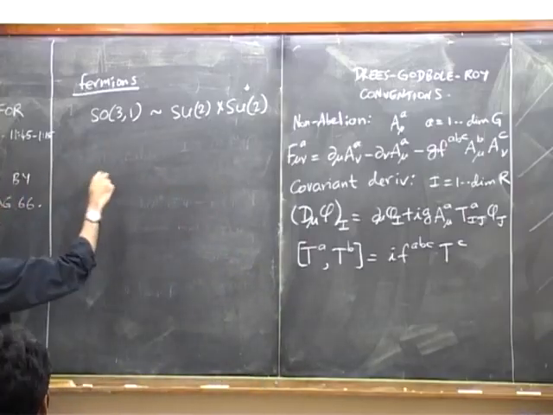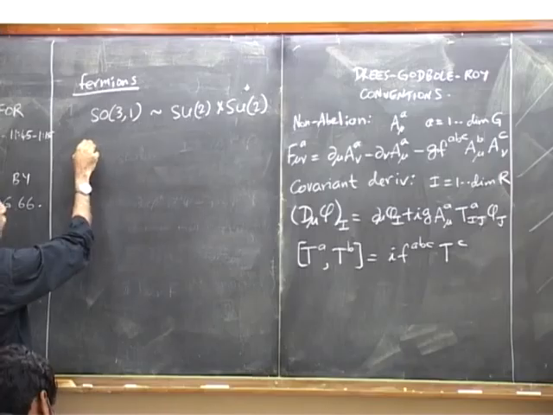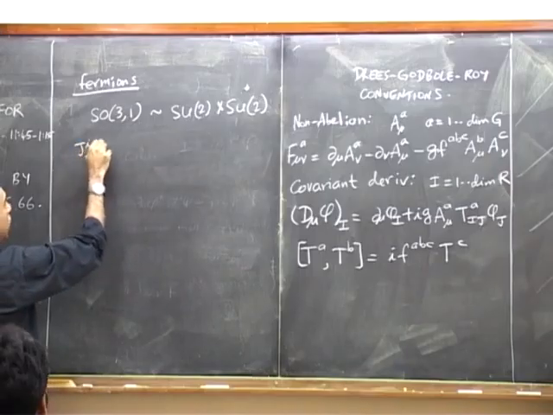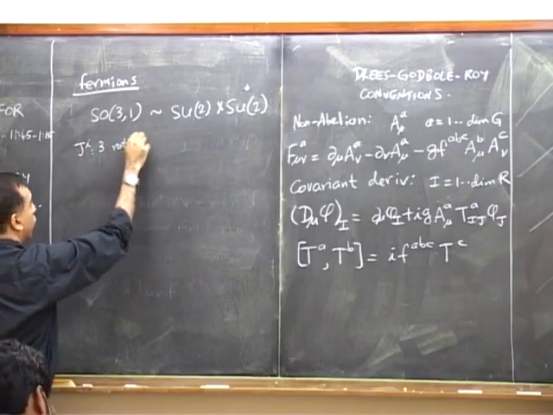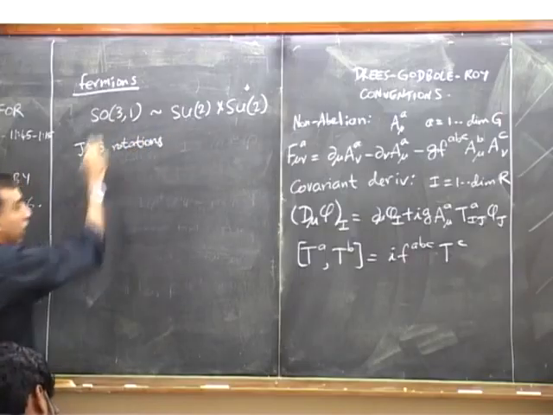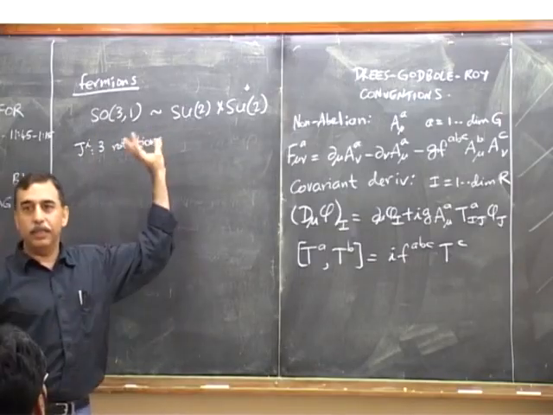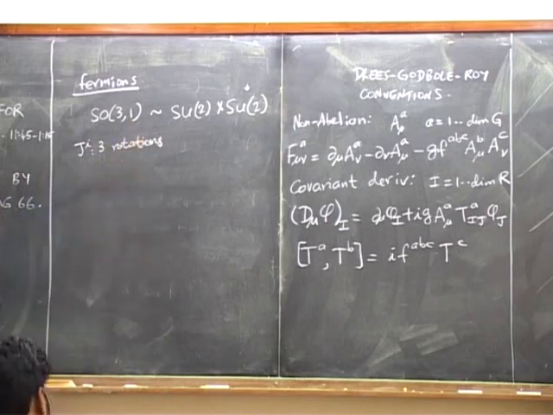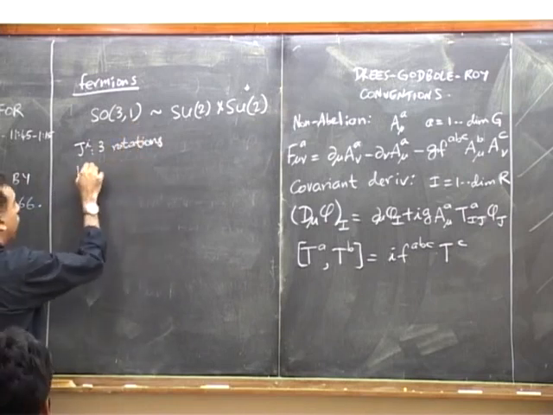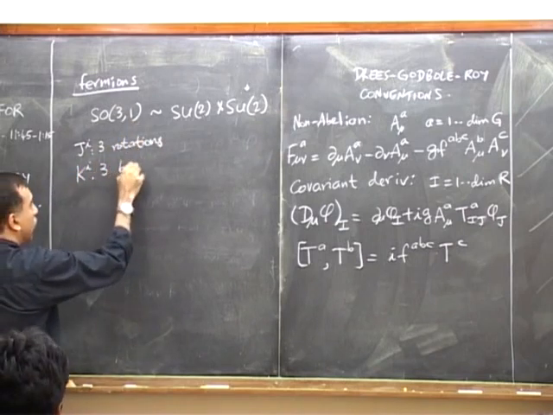I'm not going to do it in detail, but use things that you hopefully know. J_i are 3 rotations, physically just 3 rotations in the 3-dimensional space part of SO(3,1), and K_i are 3 boosts.